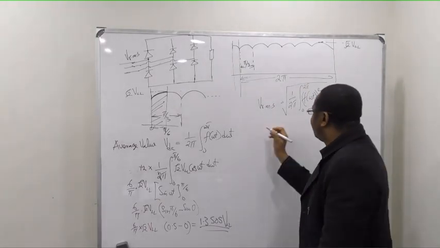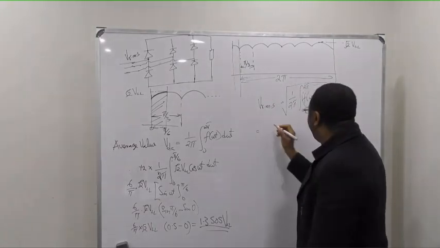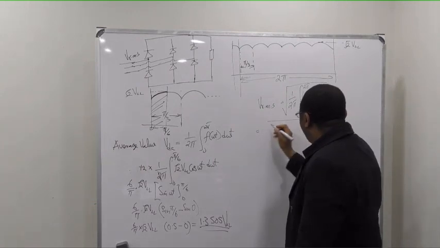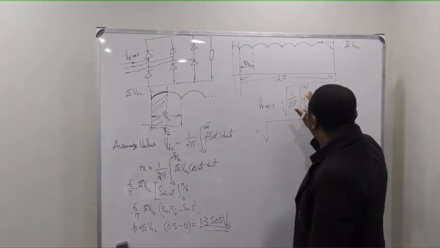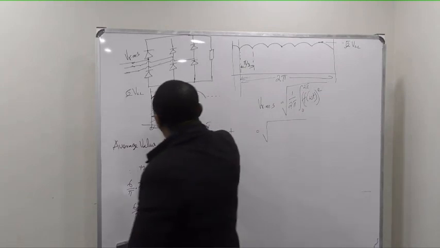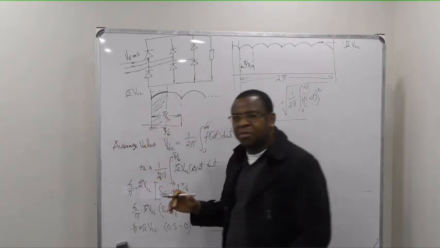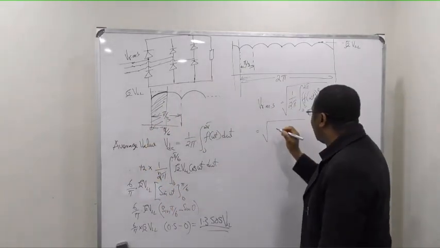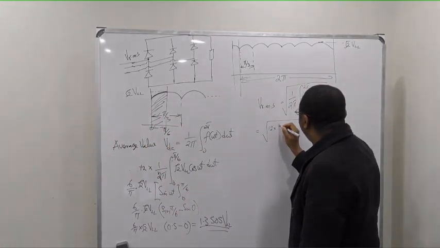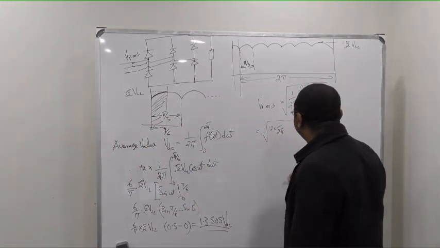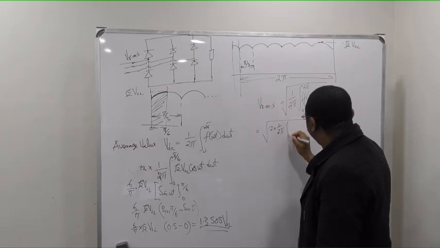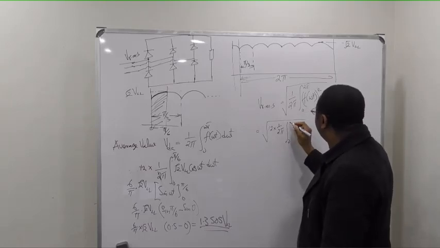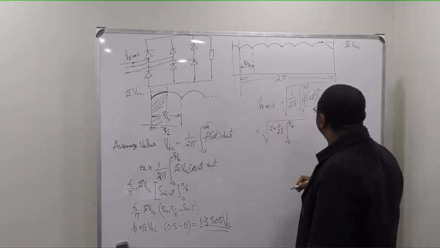So I'm going to have that as the square root of, now remember, I only look for the root mean square of this and multiply by 12. So I'm going to have 12 by 1 over 2 pi, the integral of 0 to pi over 6.